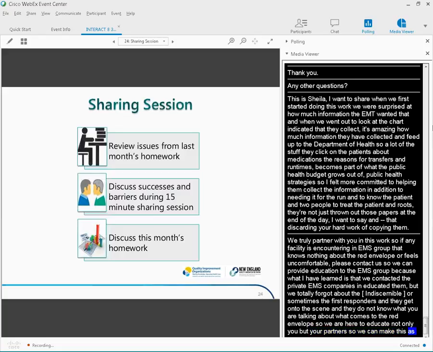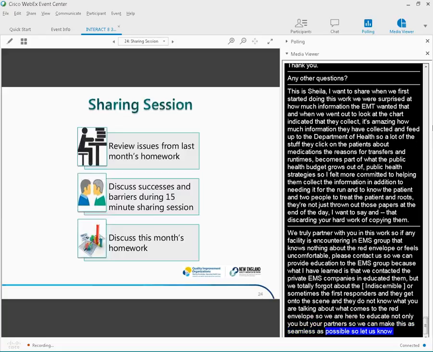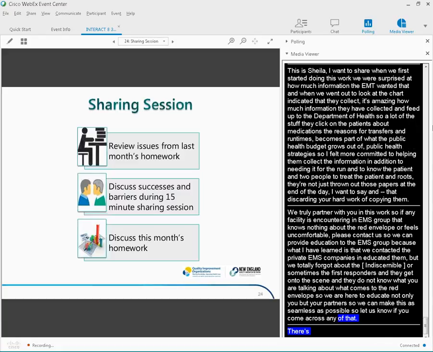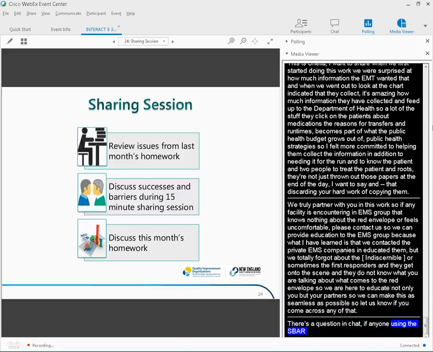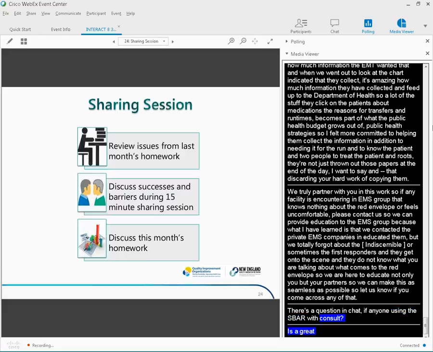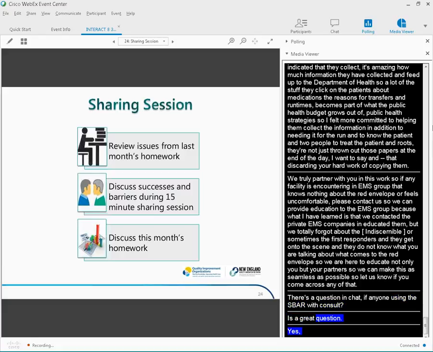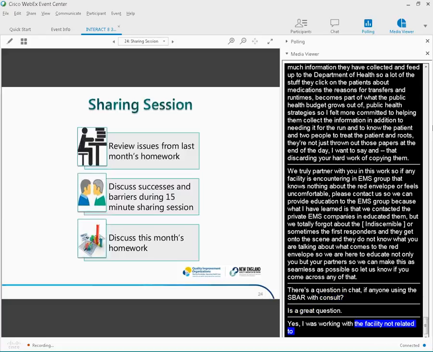Okay, there's a question in chat. The question is anyone using the SBAR with consult? That's a great question. Yeah, I actually was working with a facility not related to this. About 2 years ago, and this is Florence talking, I was doing chart abstraction for another research study that we were doing.